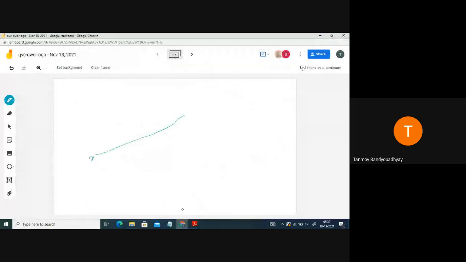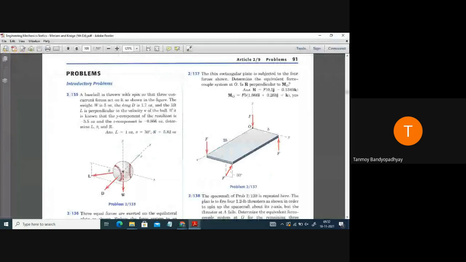This is x, this is y, this is z. Here there is the plate. This is B to B. On the side there are two forces downwards, and on the back side two forces upwards.